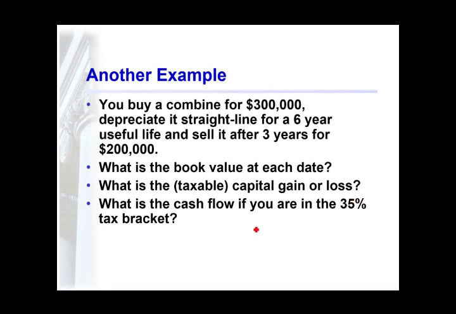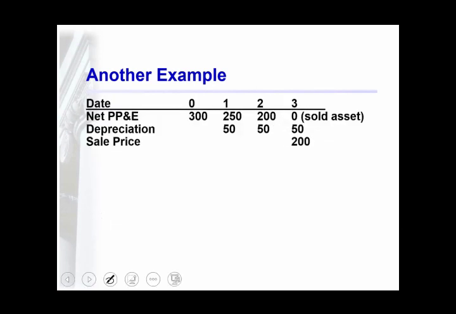So I'll illustrate why we divide up the capital gain or losses and the book value sale of the asset into two parts. Okay, first of all, when we buy the combine, it's worth $300,000. If we write off a sixth of that every year, depreciation is $50 every year.